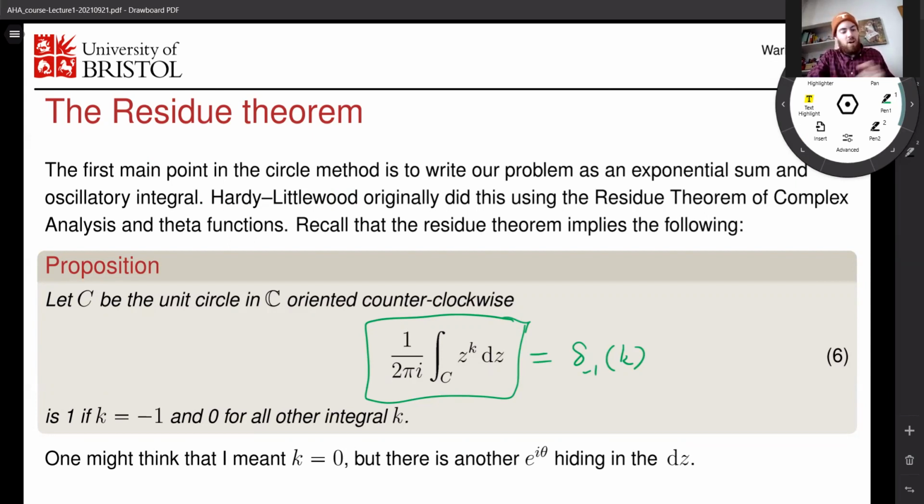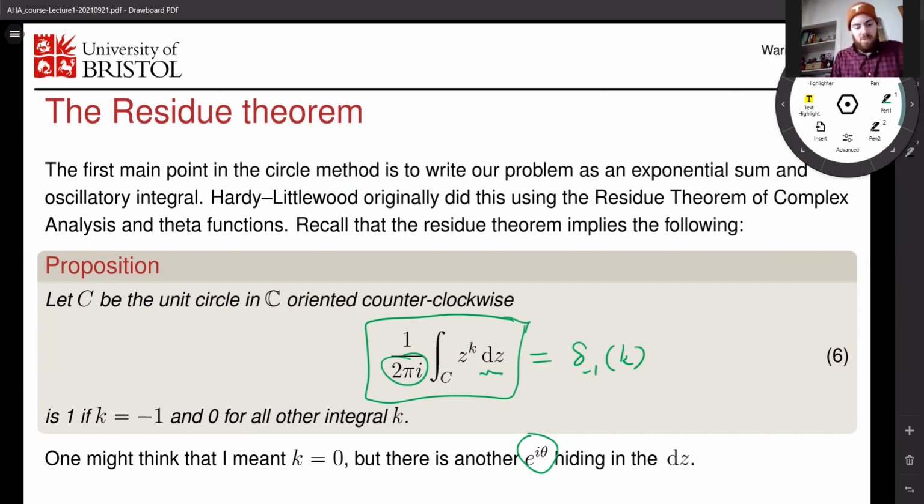And you might think that, oh, well, I had delta of 0 before. Yes, the reason why this is shifted off by 1 is that the dz here is hiding a factor of e to the i theta. Or if I normalize things correctly, then it would be 2 pi i theta. But that is taken care of by this normalization right here. Okay, so that's something from undergraduate courses, and presumably everyone did calculations involving the residue theorem.